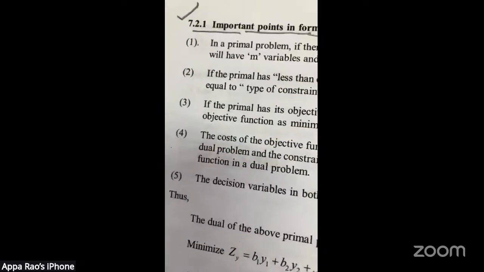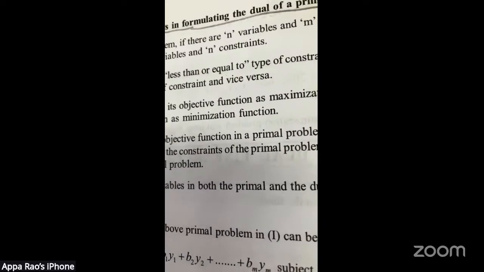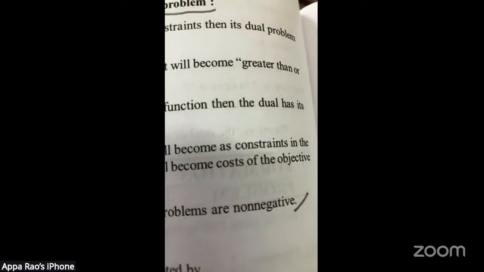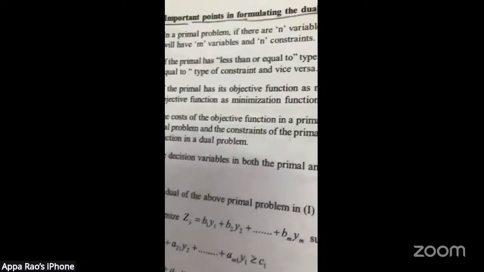Next, the second one. If the primal has less than or equal to type of constraints, it will become greater than or equal to type of constraints and vice versa.